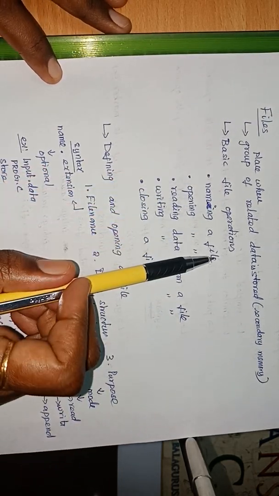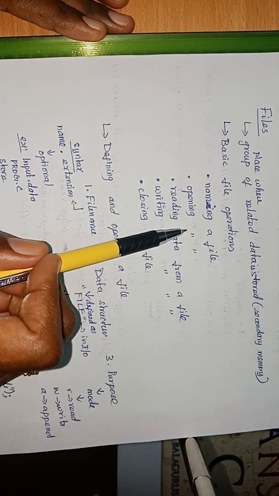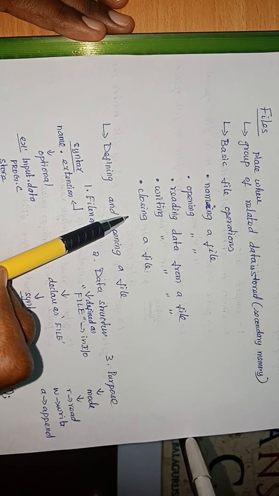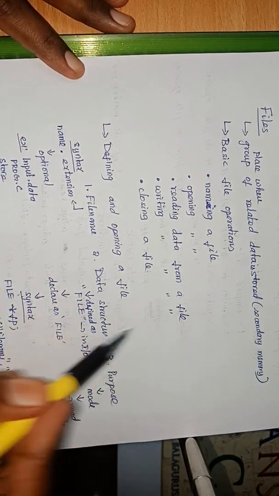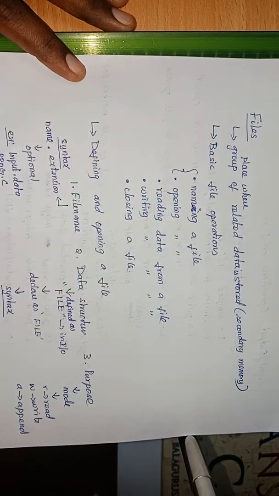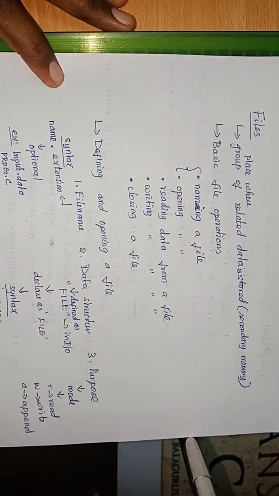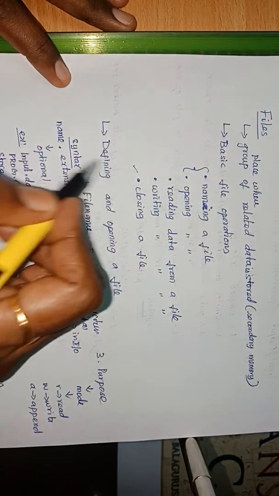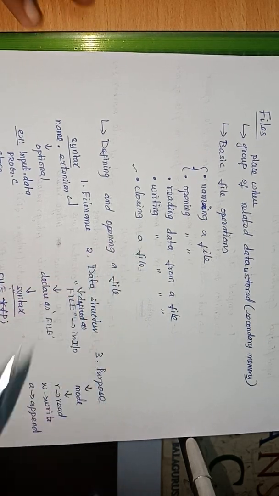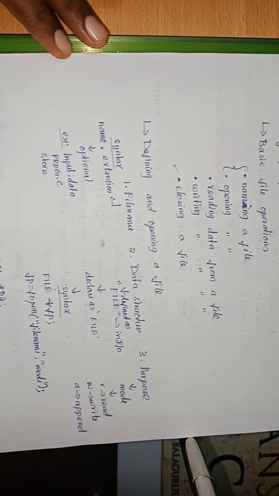What are the basic file operations? Naming a file, opening a file, reading and writing, closing a file. These are the contents we are going to see. First I am going to explain naming and opening, then closing. Reading and writing will be continued in the next video.